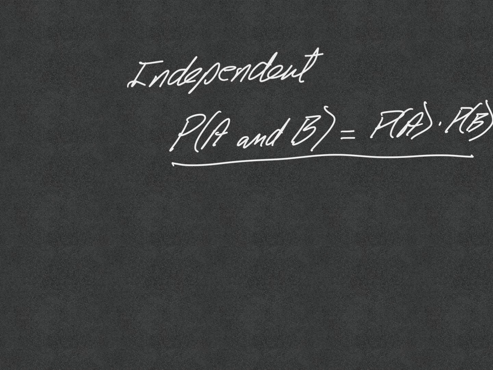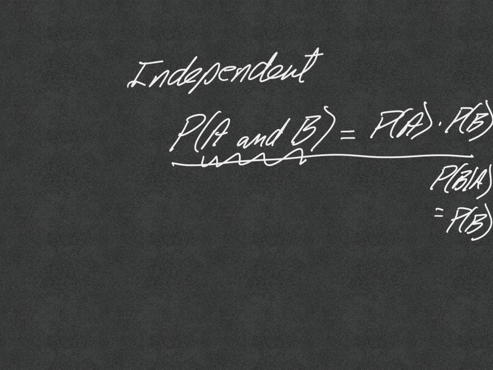It's not the general formula for and; it's just saying that the probability of B given that A occurred is actually equal to the probability of B in this case.